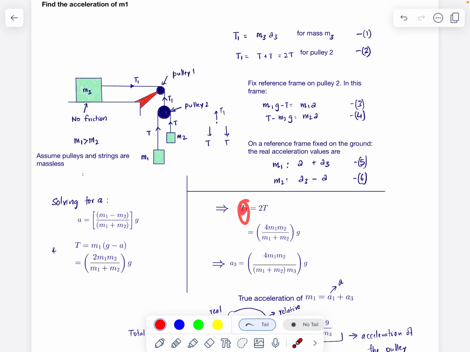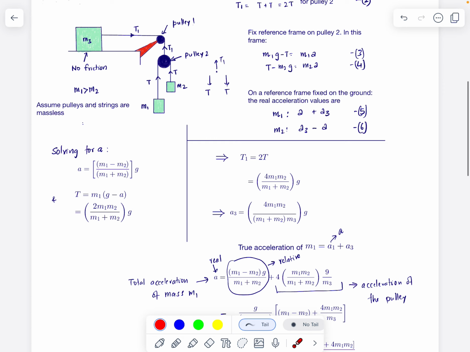Knowing the value of T1, we can plug this in here and divide both sides by m3 to get a3 equals 4 m1 m2 divided by (m1 plus m2) times m3, times g.